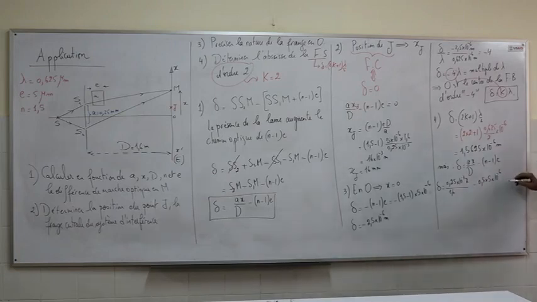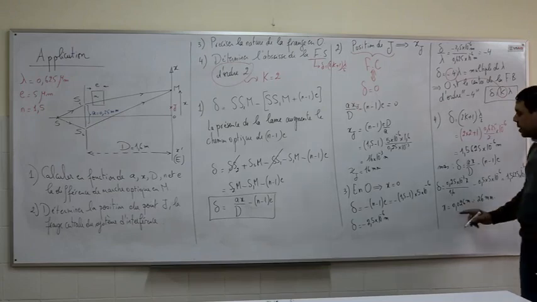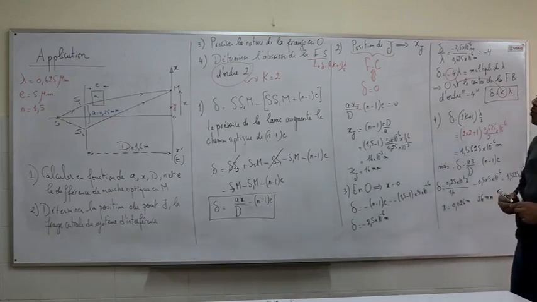And the answer is found above, 1.5625 times 10 exponent minus 6. So after some calculation, x is equal to 0.026 meters or 26 millimeters. This is the abscissa of the dark fringe of order 2.